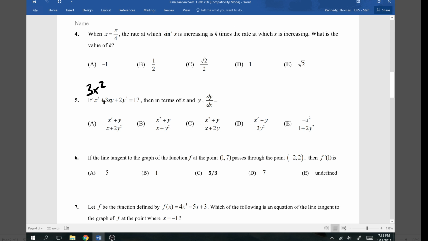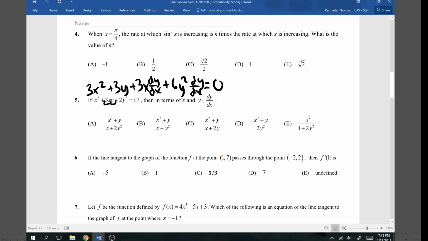We take the derivative of 3xy, and we go, oh, that's the product rule. So we get plus 3y for the derivative of the first times the second, plus 3x times dy dx for the first times the derivative of the second. Cool, done with the product rule. Plus 6y squared dy dx, and this equals 0.